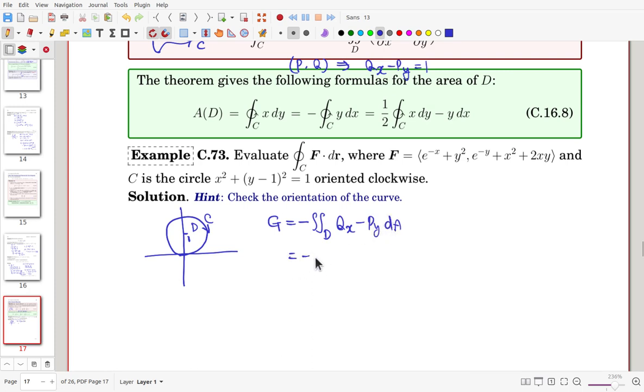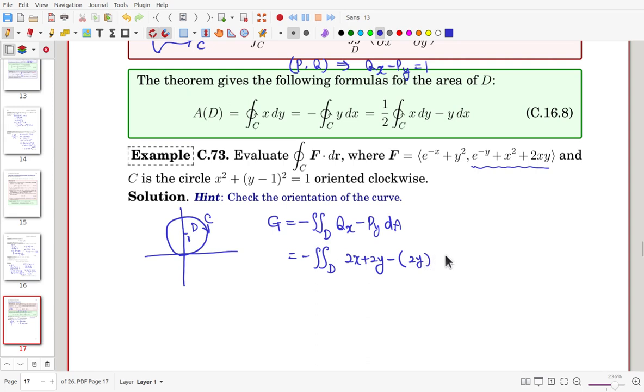That is the same as minus the double integral over D. Let's see, q sub x, the x derivative, is 2x plus 2y, minus p sub y, the y derivative, which is 2y.